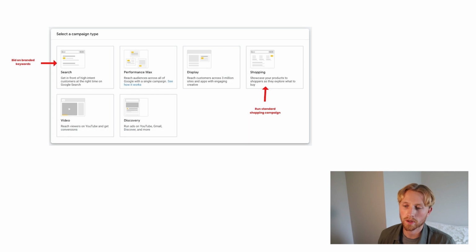Now, if you're already running ads and you see that your competitors are actually probably bidding quite a lot against you on your own branded keywords, well then there's a few things you can do. Obviously you can increase the bid, but maybe it's already so high that you don't see a good reason for why you should increase it because it's not going to be profitable for you. Well, in that case, the other thing you can do is improve your ad.